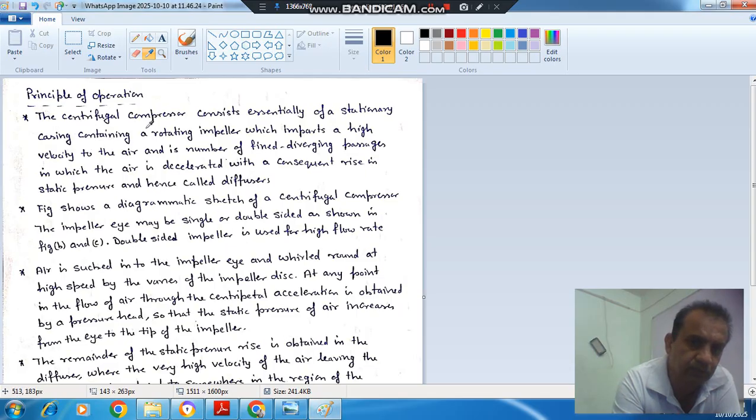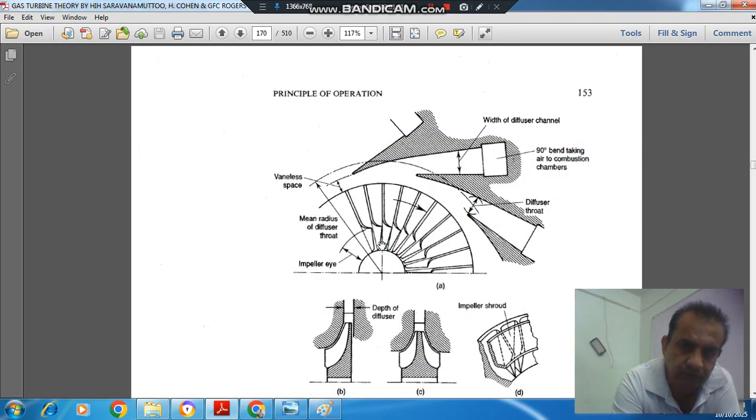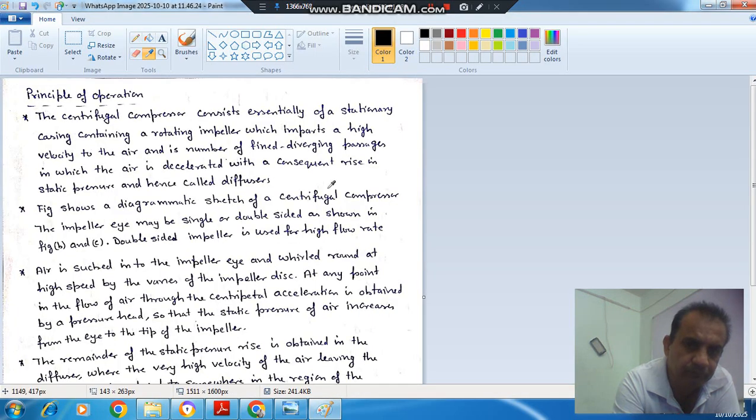First point: the centrifugal compressor consists essentially of a stationary casing containing a rotating impeller which imparts high velocity to air. So this is your impeller. It imparts high velocity to air, and there are a number of fixed diverging passages in which air is decelerated with a consequent rise in static pressure, hence called diffuser.